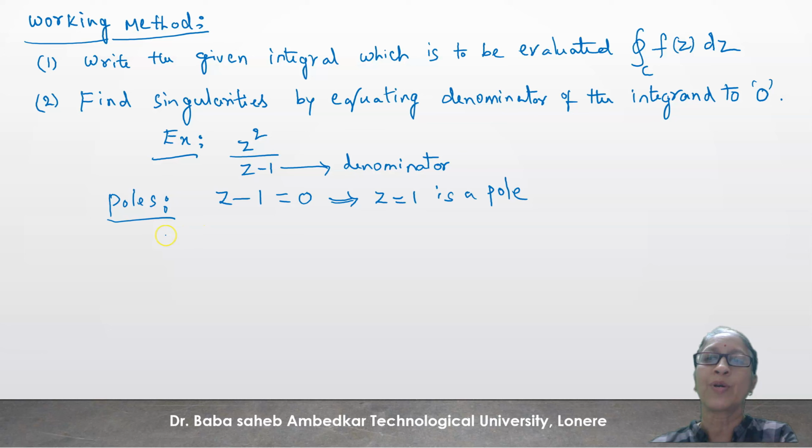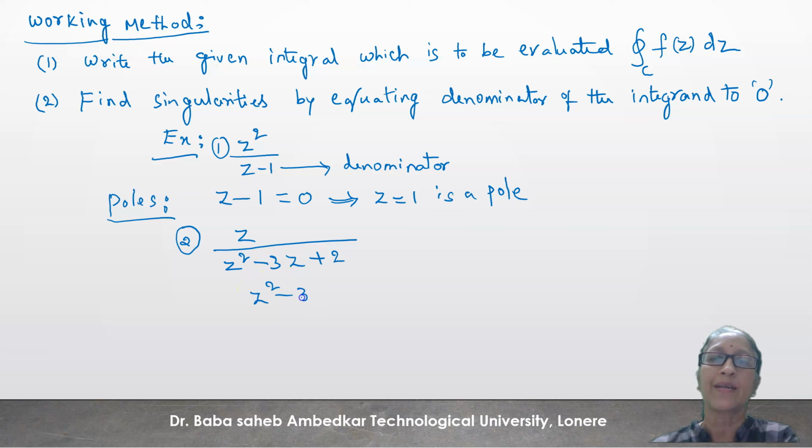If you see one more example, next one is, let us say, z by z square minus 3z plus 2. If you equate this denominator to 0, z square minus 3z plus 2 equal to 0. That implies (z minus 1) into (z minus 2) equal to 0.